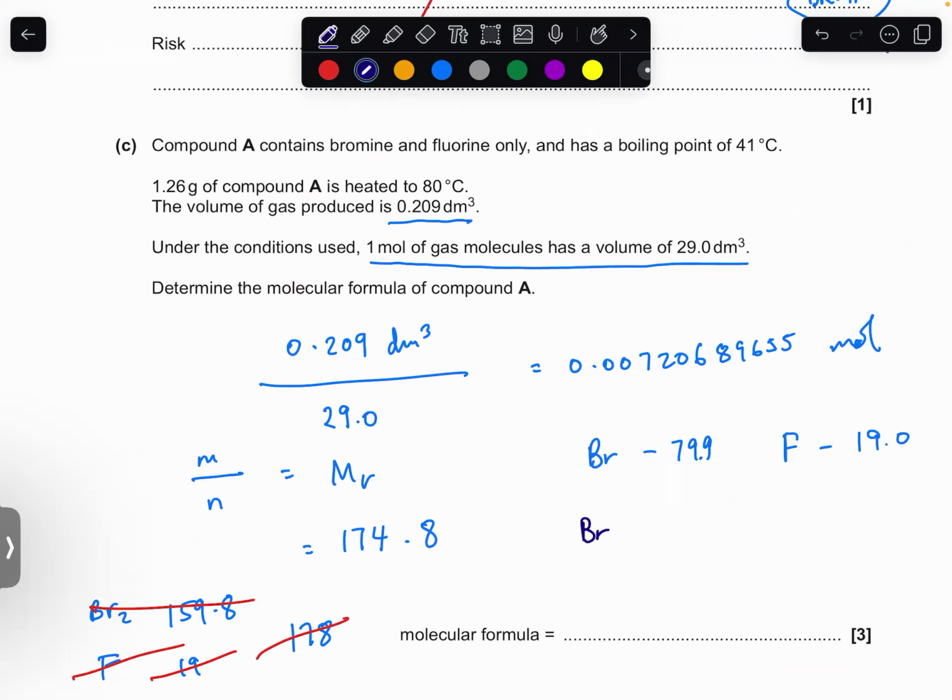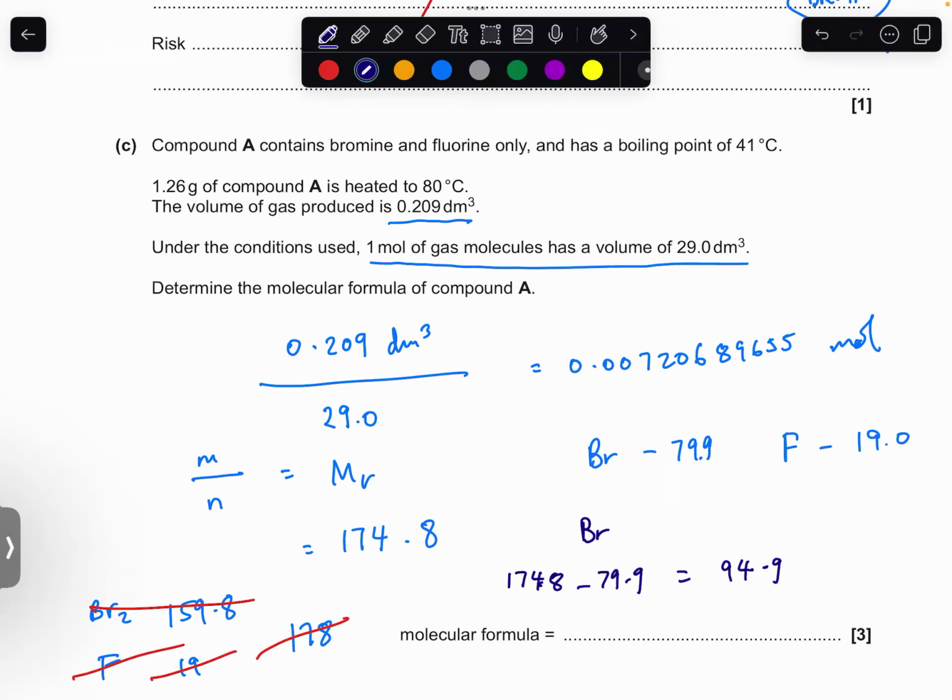So 174.8 minus 79.9 gives you 94.9. Let's divide 94.9 by 19. That gives you pretty much 5.